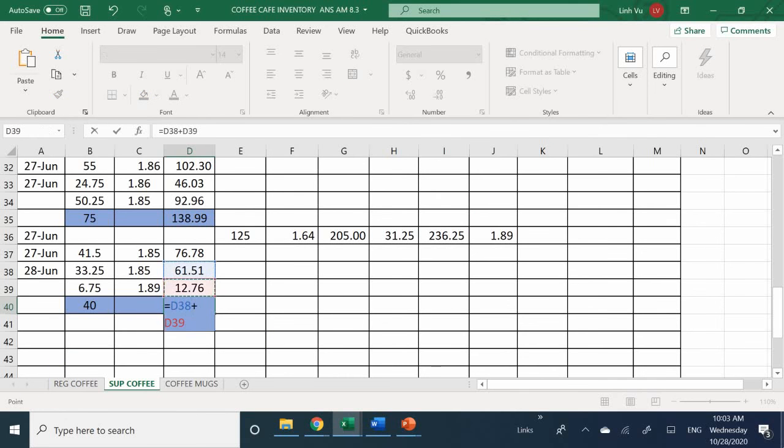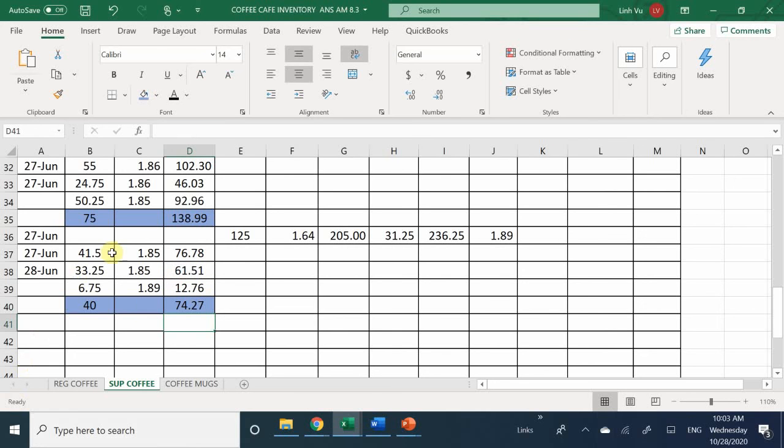We're going to add these two together because we want a total of 40 pounds, not them separately. So total, you should have 74.27. Let me update the inventory there.